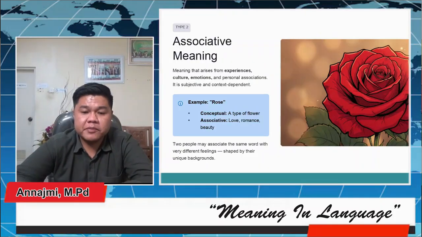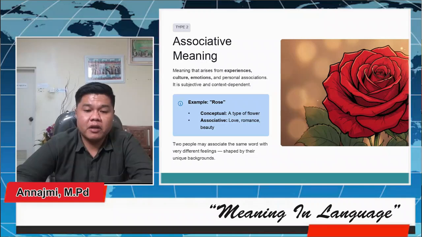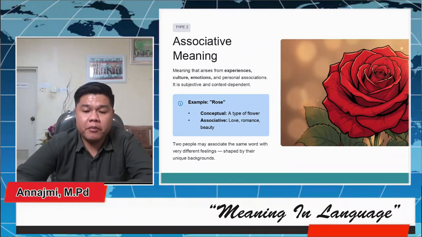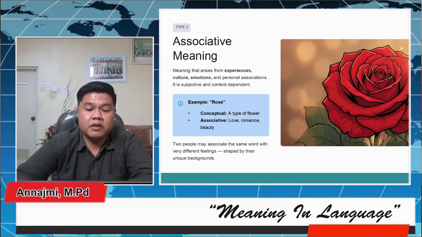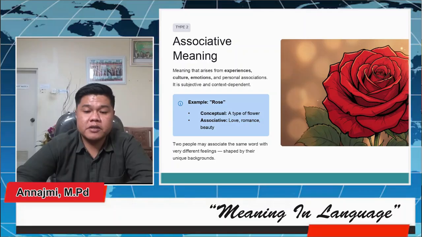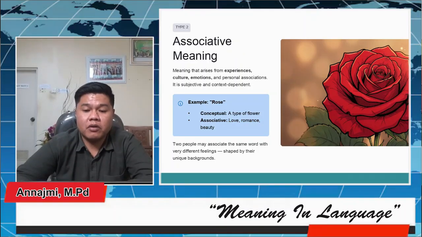Unlike conceptual meaning, associative meaning is subjective. It is influenced by personal experience, emotions, and cultural backgrounds. Consider the word rose. Conceptually, it is simply a flower. Associatively, however, it may symbolize love, beauty, romance, or affection.